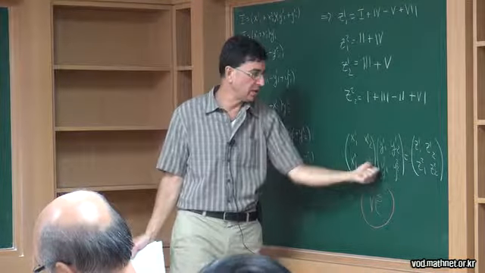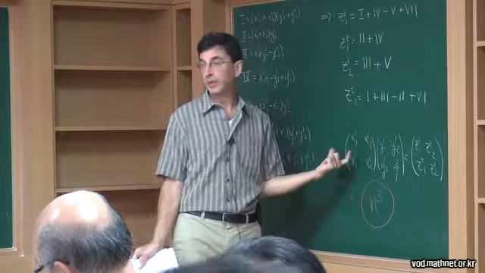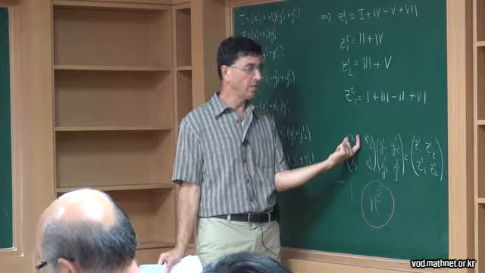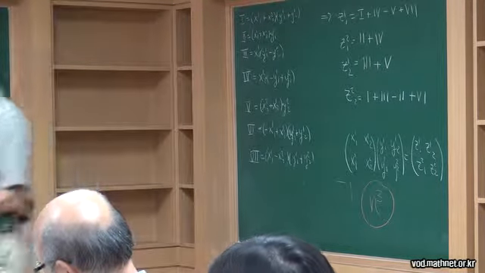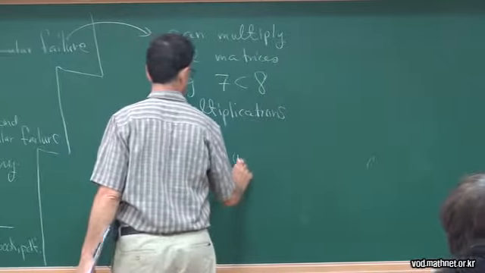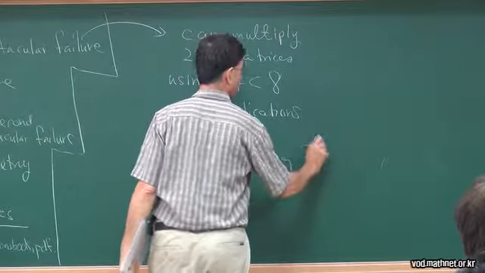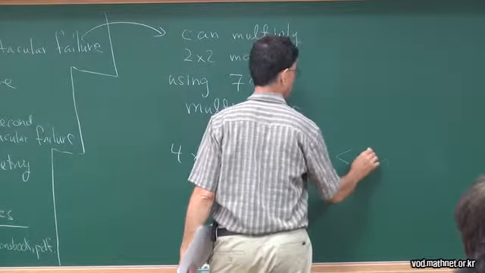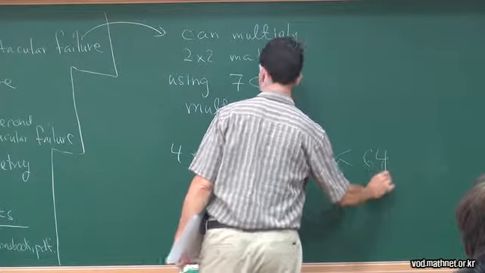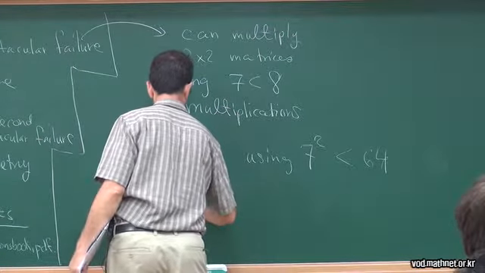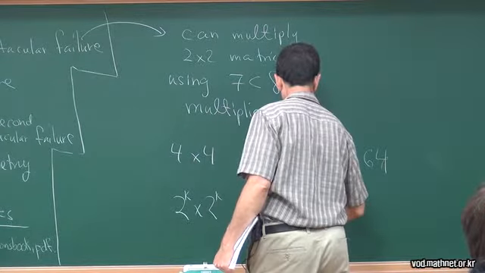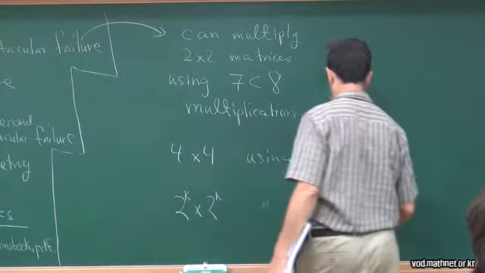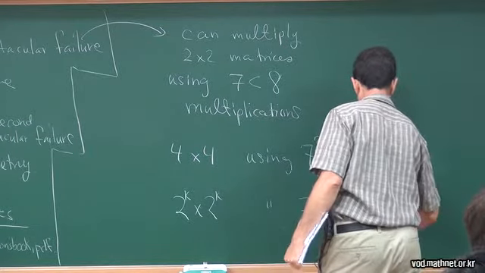We could multiply matrices whose elements themselves were matrices. For example, this x11 could itself be a 2 by 2 matrix. All these entries could be 2 by 2 matrices. And so we could multiply 4 by 4 matrices using 7 squared, which is a lot less than 64. And in general, say 2 to the k by 2 to the k using 7 to the k, which is a lot less than 2 to the k cubed.